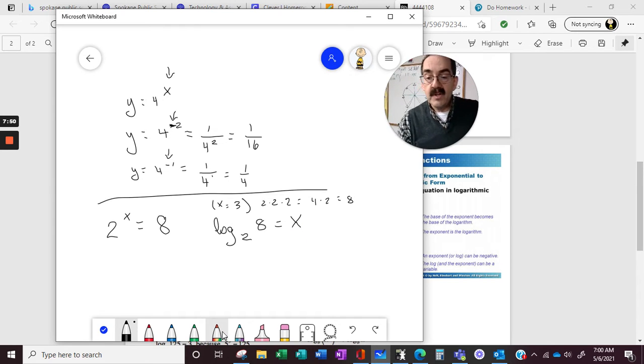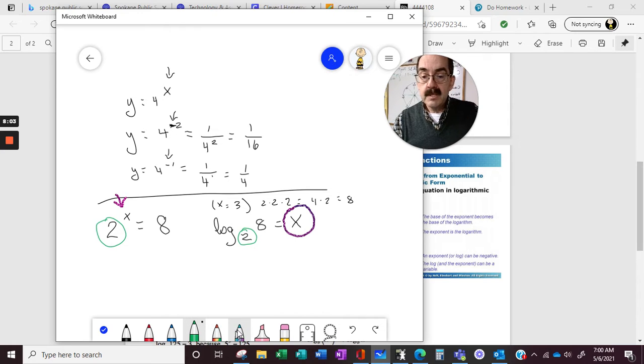The whole idea of a logarithm is to be able to solve for x. This is hard to solve mathematically, so we need a logarithm. So the base, the exponent, and then what it is actually equal to, the solution.